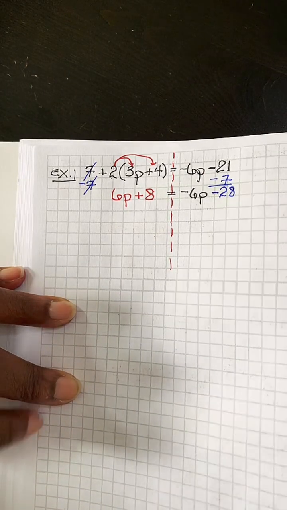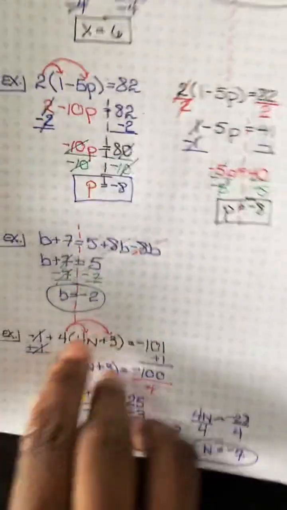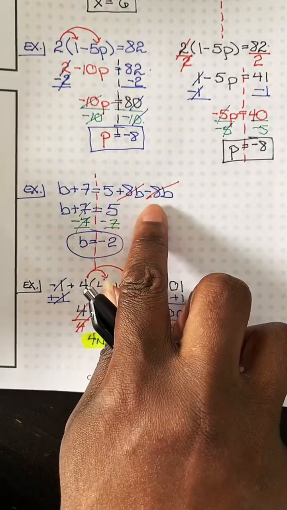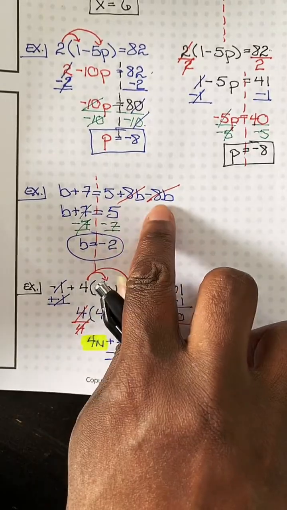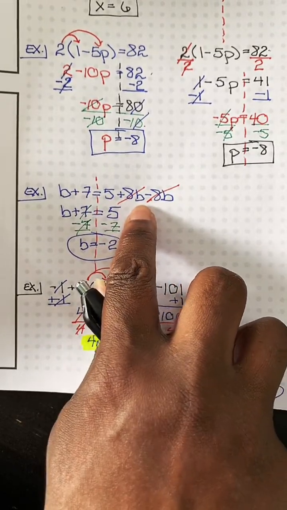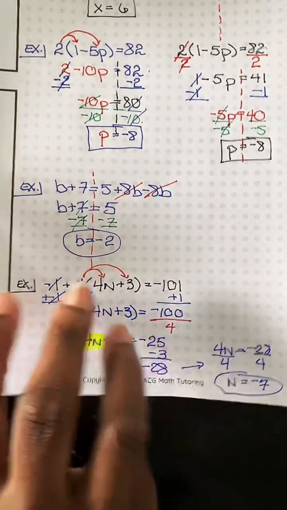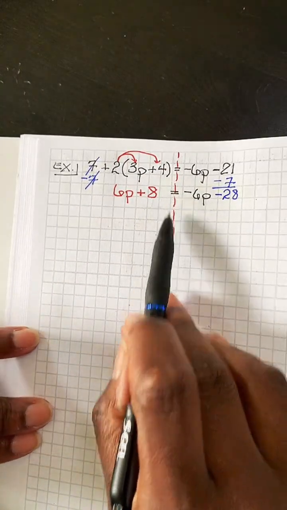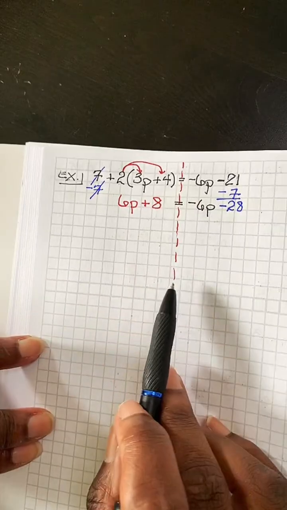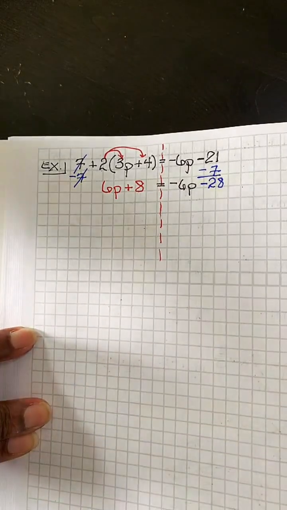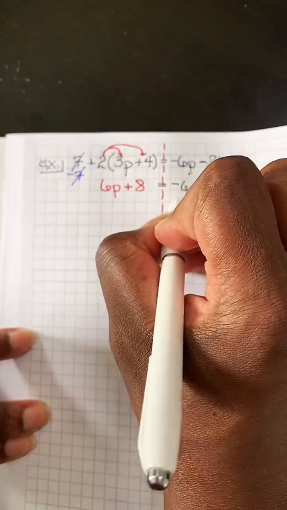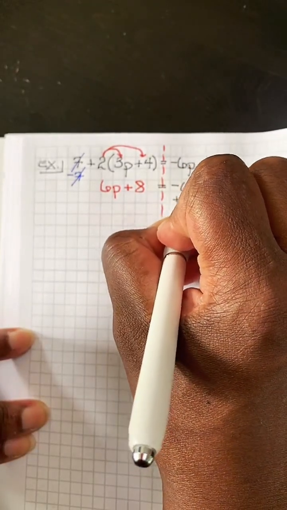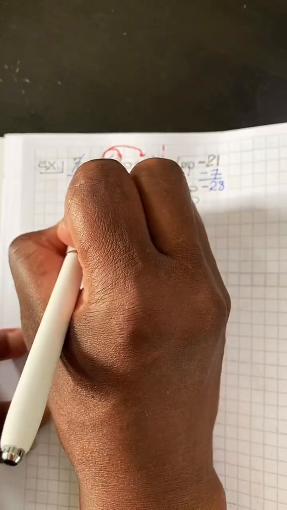Cancel them out. Because we did that, if I may flip, we did that here. Okay, they were both on the same side. That's why they were able to equal 0. But this time, they're being separated by the equal sign. So now, what I can do is I can add 6p on both sides.